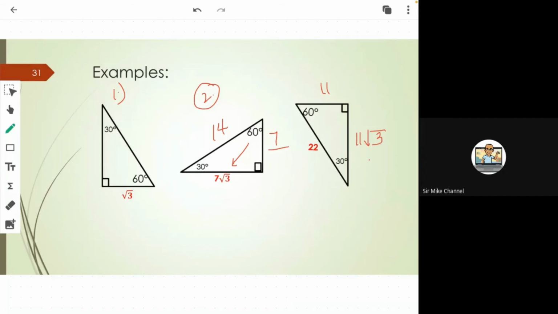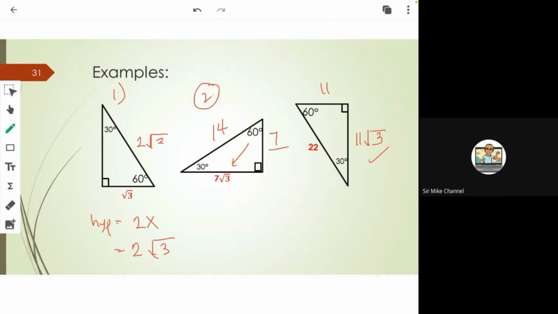Given natin yung shorter leg, diba? Yung hypotenuse is twice siya ng shorter leg. So, since yung shorter leg natin is square root of 3, times natin sa 2. So, anong sagot natin dito? 2 square root of 3.